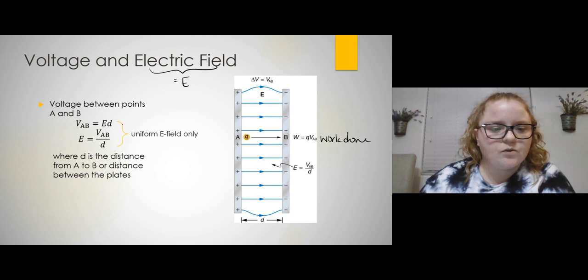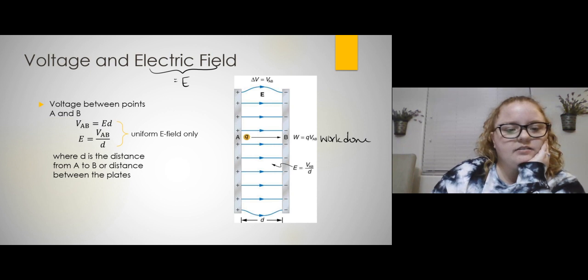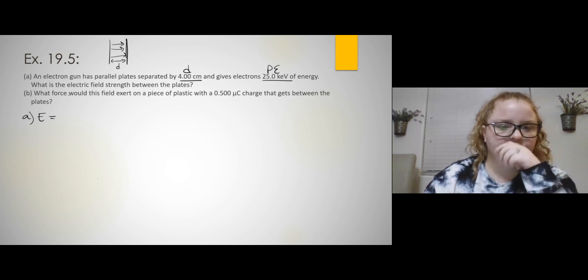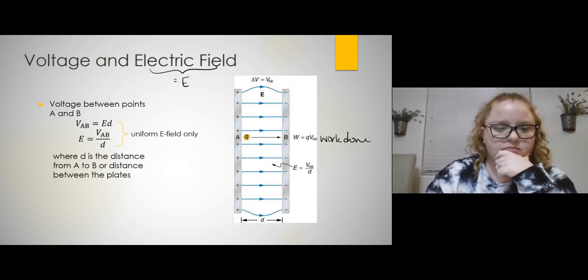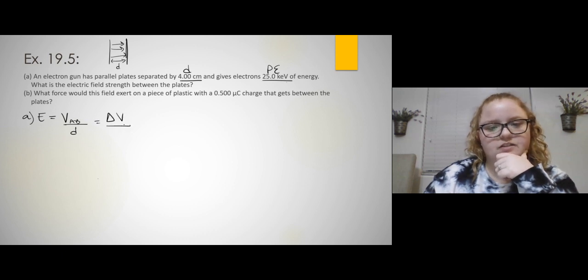Okay. So we have our voltage here between 2 points. So for part A, the electric field is equal to V_AB divided by d, or we can say delta V, our potential difference, divided by that distance.